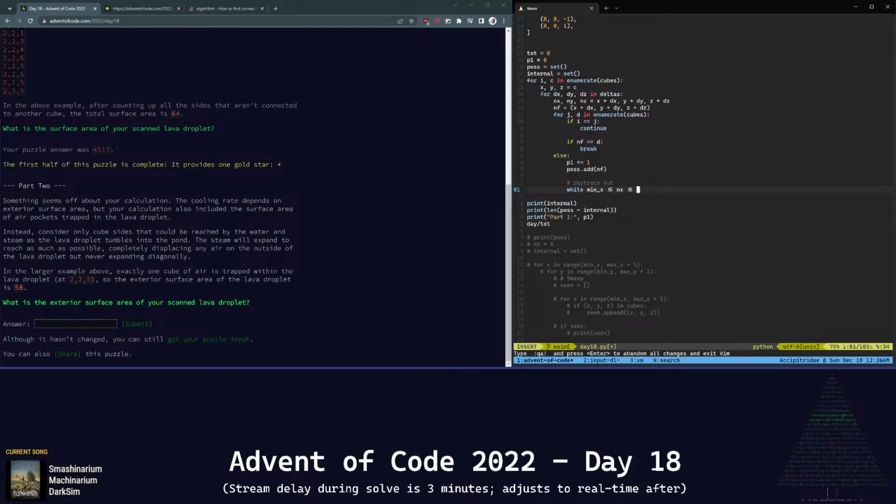Oh, I mean that's kind of not strictly true either, but we might produce the right answer if we assume it's like a convex, totally enclosed thing, and there's no open pockets. But we could try it.